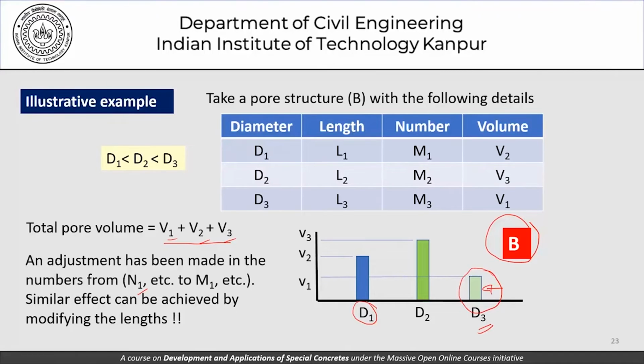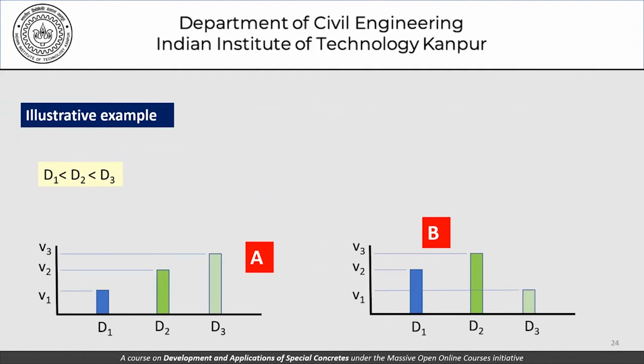Now, having said that, this is what we have done. So we have pore structure A and a pore structure B with D1 less than D2 less than D3. What are the kind of conclusions that we can draw from here? The total pore volume in both cases is V1 plus V2 plus V3, except that here V1 corresponded to pores having diameter D1.